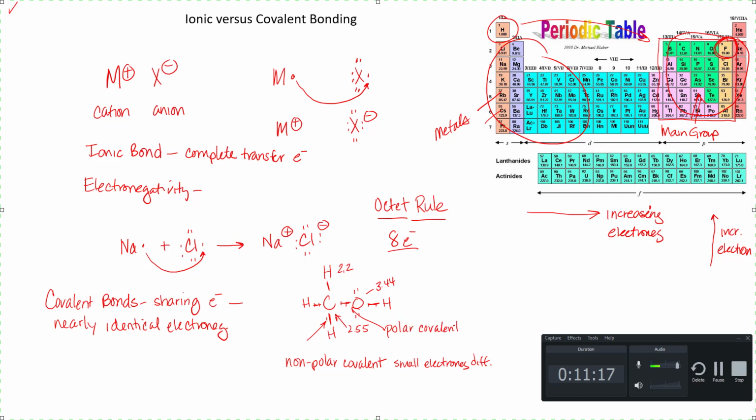The polar covalent bond is one where we have a larger electronegativity difference, but also it means that there is unequal sharing. And so in this case, the oxygen with the larger electronegativity value would attract the electrons away from the carbon a little bit more of the time.